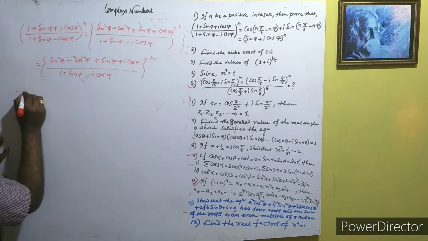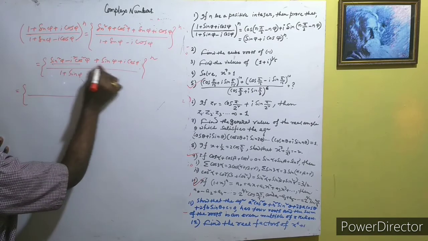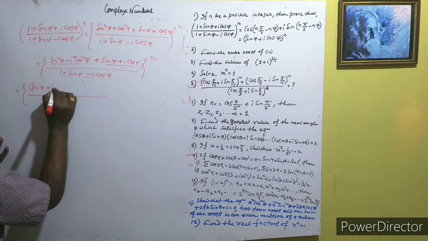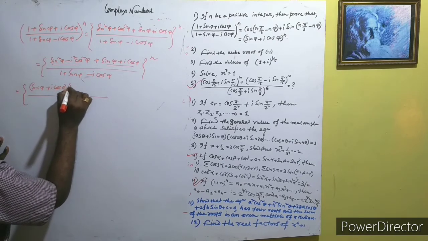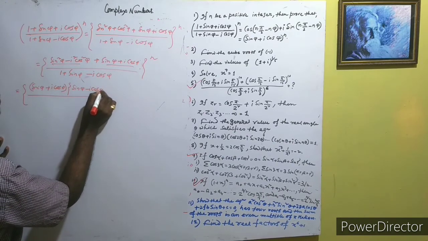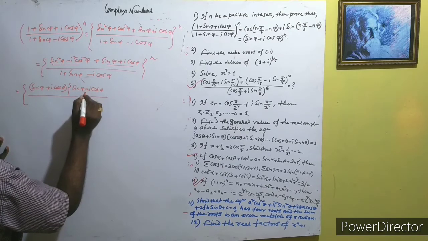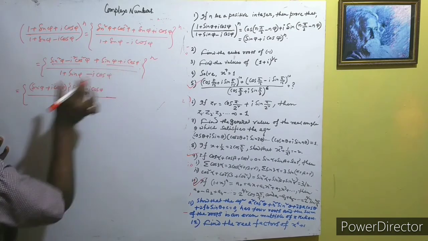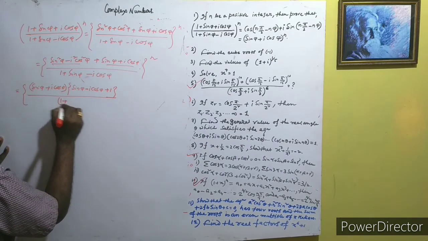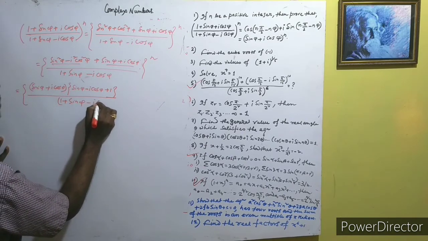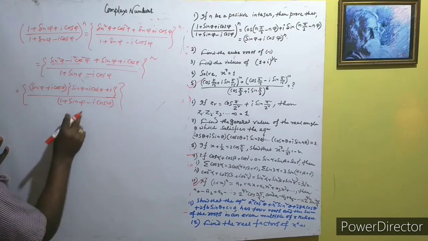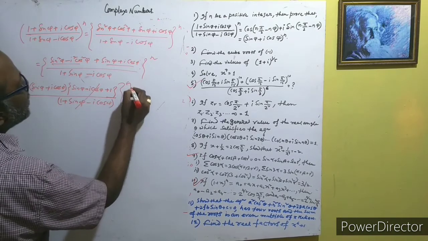And see again, factorize this, take a common factor in the numerator: sin phi plus i cos phi is common, and the other factor is sin phi minus i cos phi. There is left 1 here, and in the denominator we have 1 plus sin phi minus i cos phi. See, these two factors are the same, so these are cancelled, and this is to the power n.